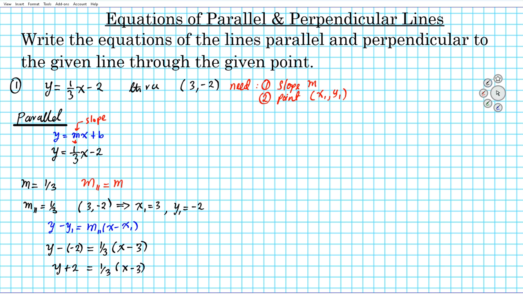Ladies and gentlemen, this represents the point slope form of the equation of the parallel line. Alright, so let's specify what form this is. This is a point slope form of a line parallel to the original line and goes through the point 3, -2. Let's go ahead and also create the slope intercept form.